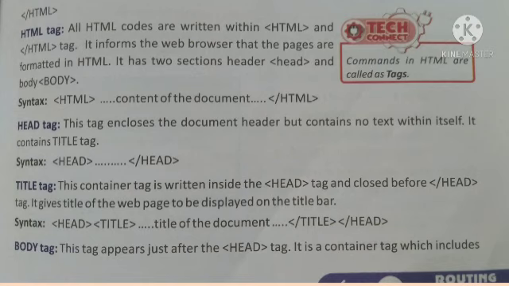It gives the title of the web page to be displayed on the title bar. Next is the body tag, and it appears just after the head tag. It is a container tag which includes all the text, images and the formatting elements with their attributes to prepare the web page.